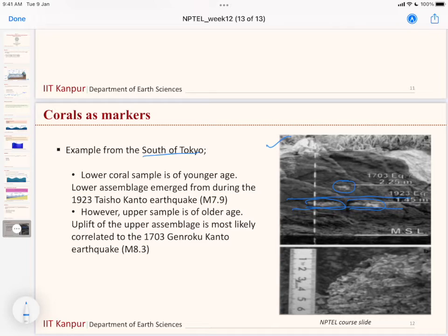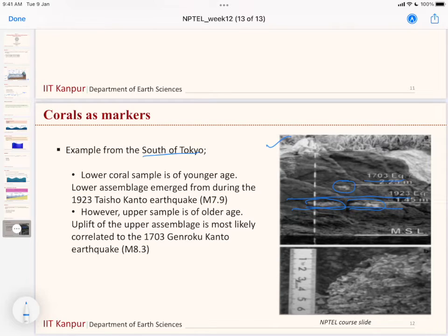This kind of drastic change could only happen due to a tectonic event. So this is how they came to know that in 1703 a tectonic event happened, due to this older coral sample coming to the top.